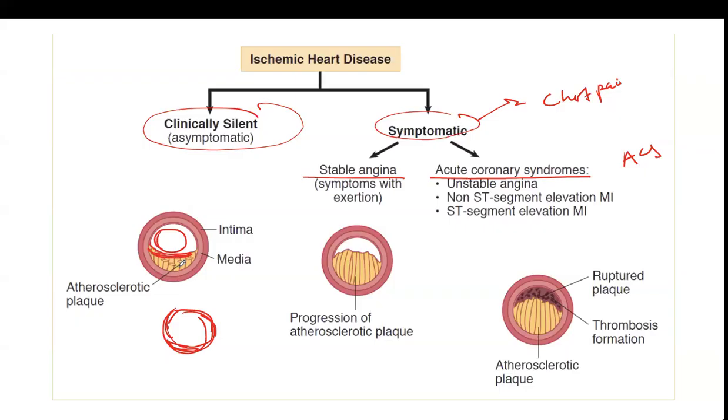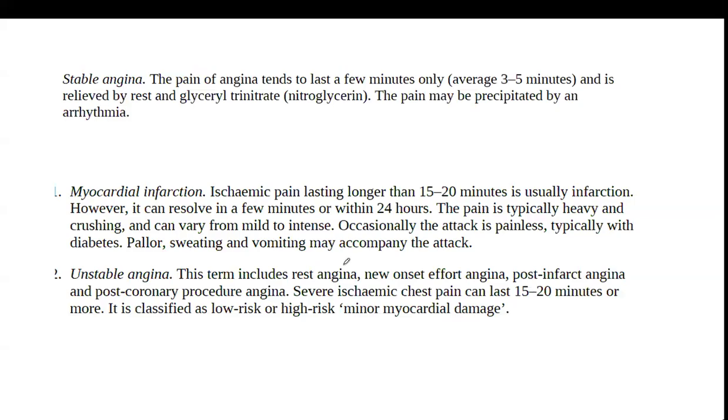So if a chest pain gets worse with exertion only, lasts maximum 10 minutes, and gets better with taking rest, that is stable angina. If we come back, the pain of stable angina lasts a very few minutes, average 3 to 5 minutes, never more than 15 minutes.